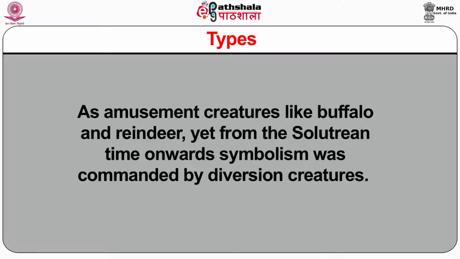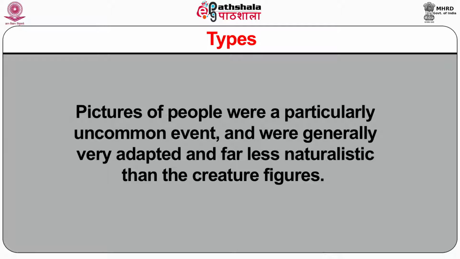Yet from the Magdalenian time onwards, imagery was dominated by game animals. Pictures of people were a particularly uncommon event and were generally very stylized and far less naturalistic than the animal figures.